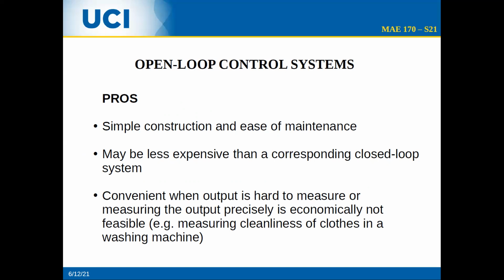So they are usually less expensive with respect to a corresponding closed loop system. And they're convenient when the output is hard to measure, or it is very difficult or economically not feasible to measure the output.